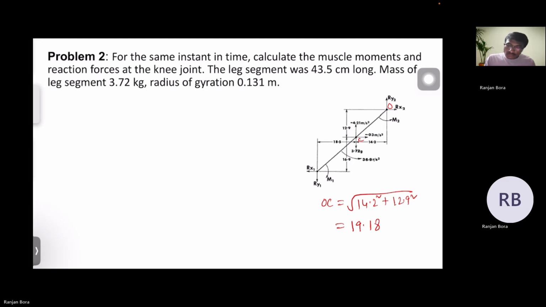So the moment of inertia about the knee joint was I about CG plus 3.72 multiplied by 0.192 square.